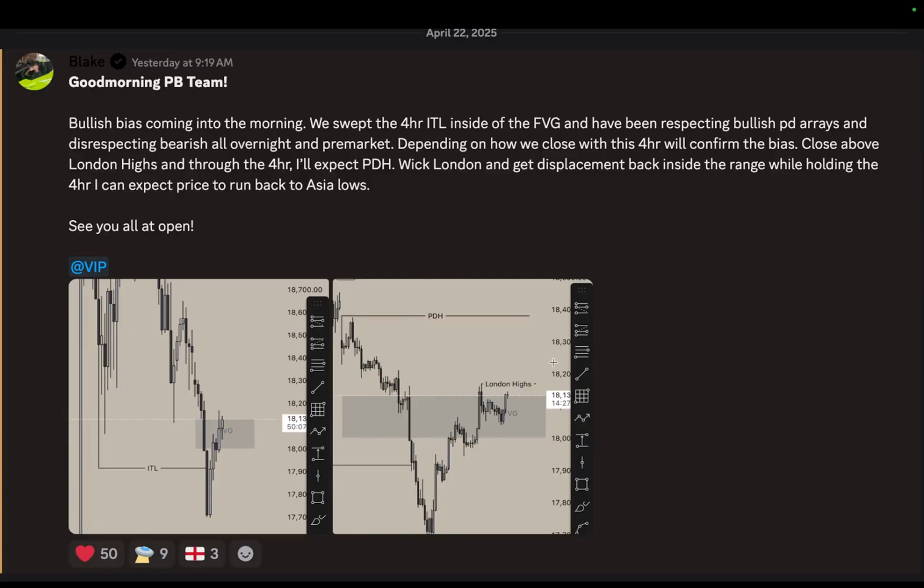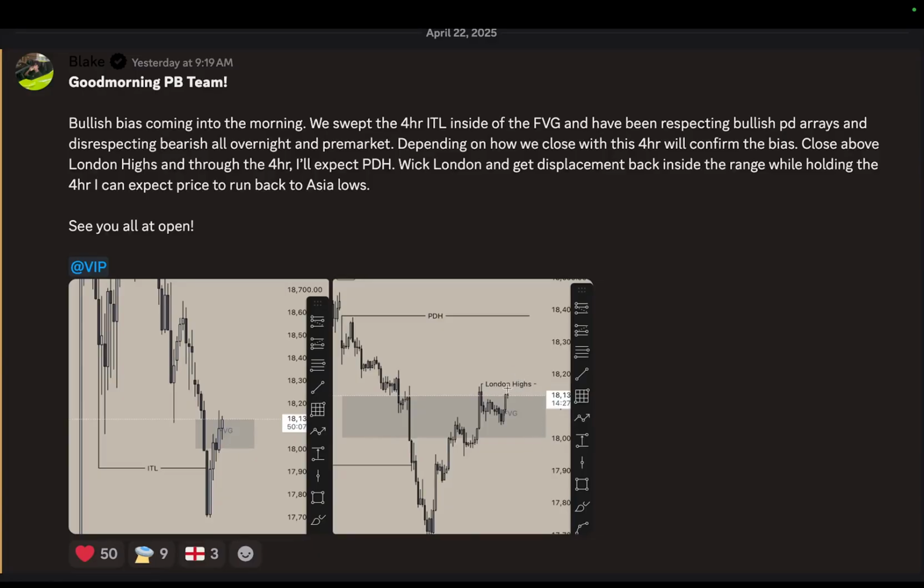In this example, I didn't really have a condition because actually I did have a condition, sorry. I mean, I'm always having a condition, but this is just a very obvious bias. Even when we have super obvious biases like this, I still will have conditions. And for example here, if we end up wicking London highs here and then we get displacement back inside the range, right?